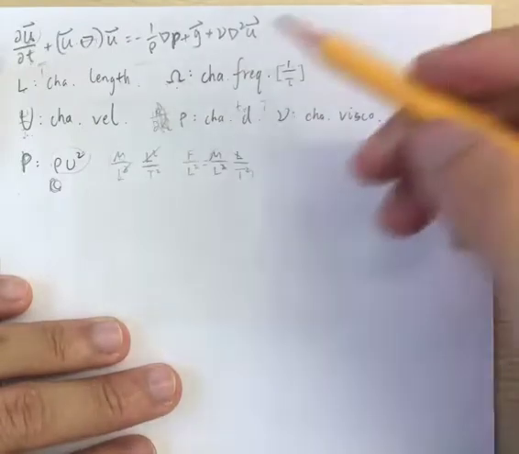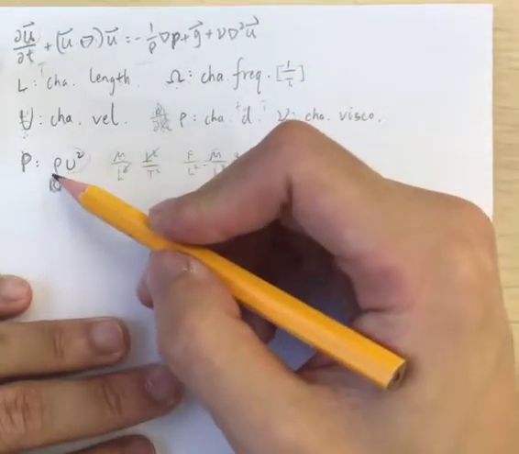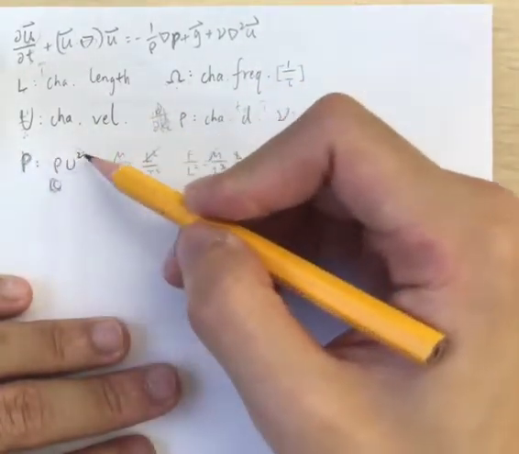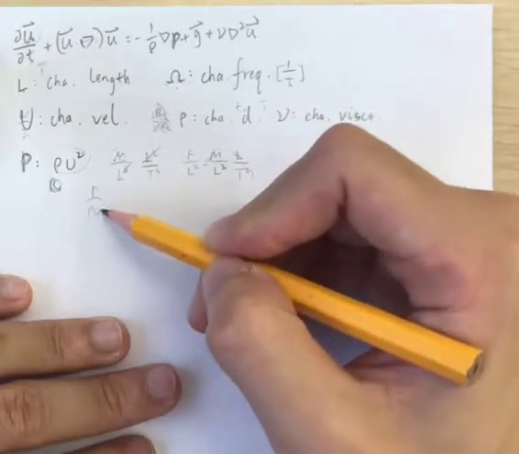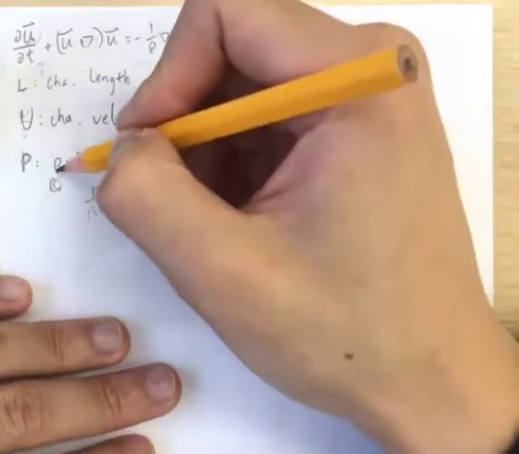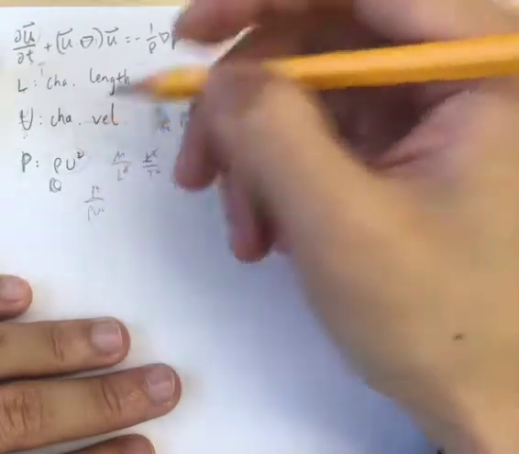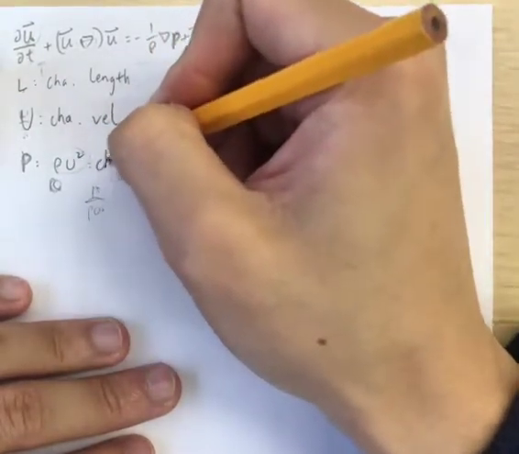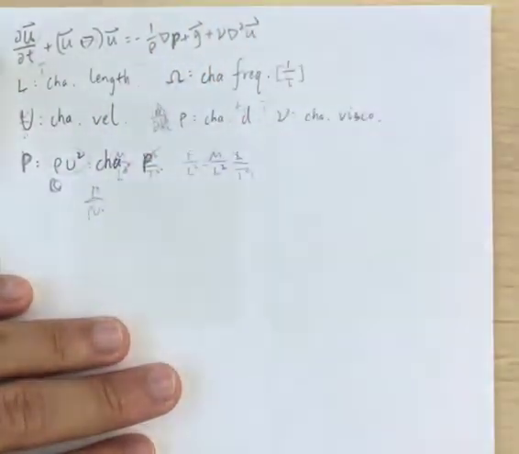So later, by dividing the P by rho U squared, P over rho U squared, we can get the non-dimensional counterpart of P, right? So here, now we can say that we define rho U squared to be the characteristic pressure of the system.